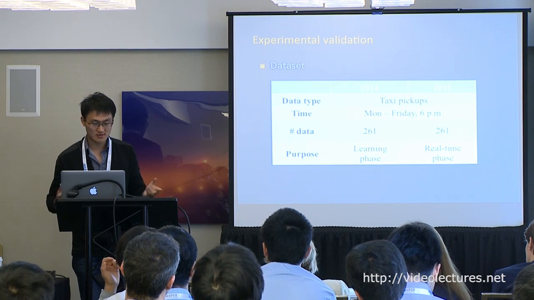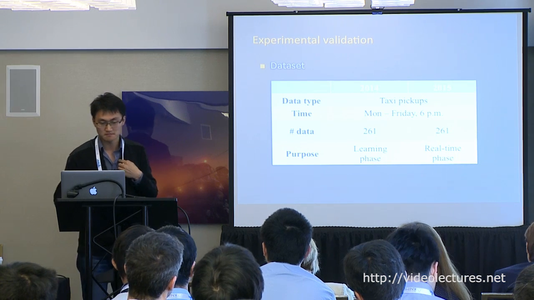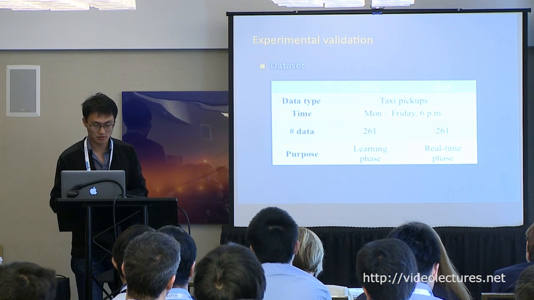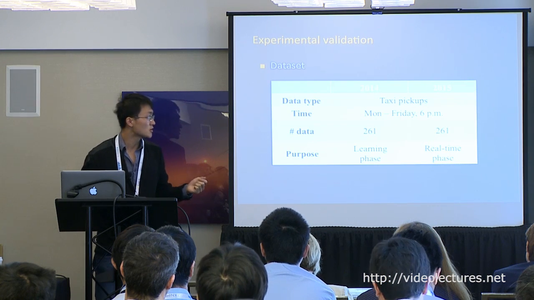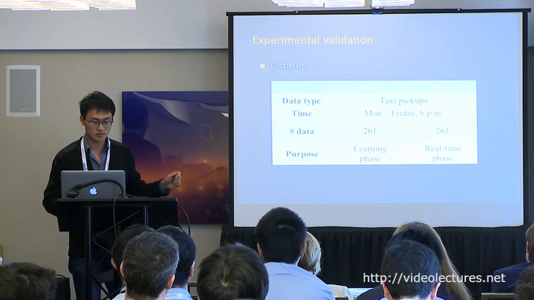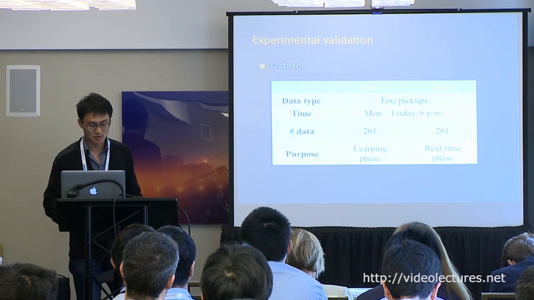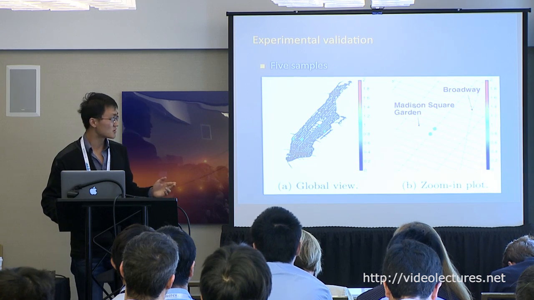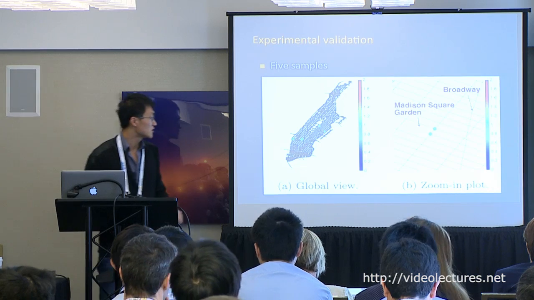So we validated this on a public open data set, the taxi pickups in New York. We only look at workdays from Monday to Friday at rush hour, and we use the data from 2014 for learning and 2015 for testing. So here are the 5 intersections we design.